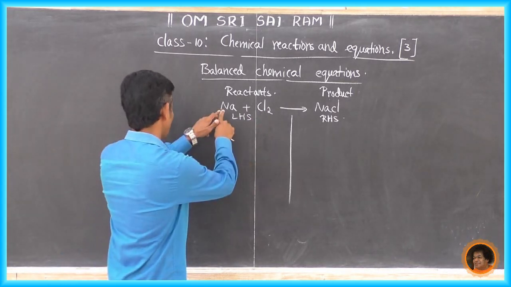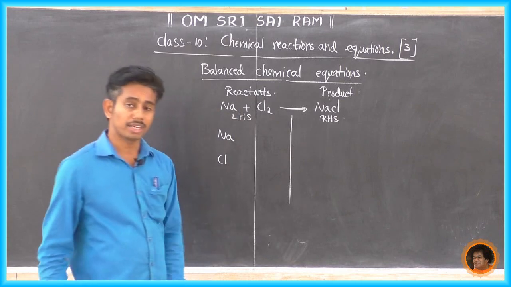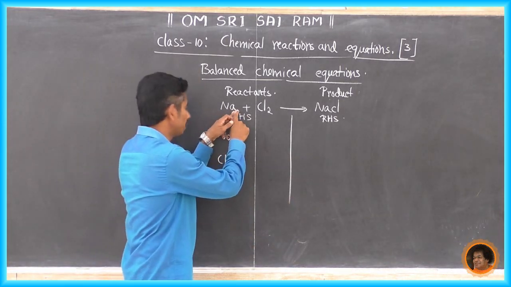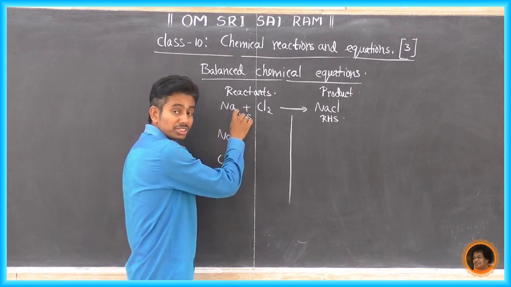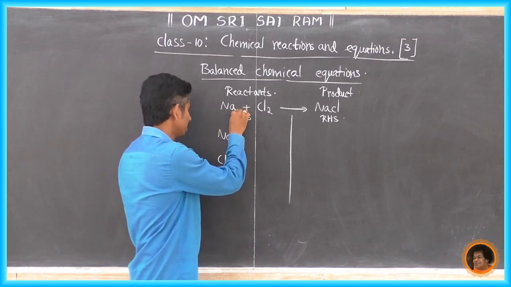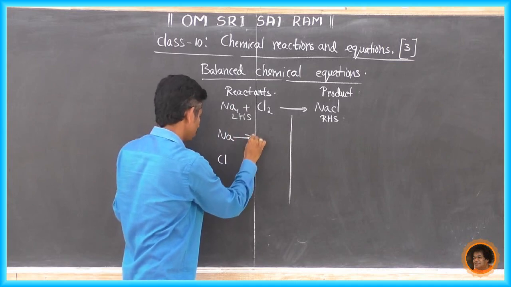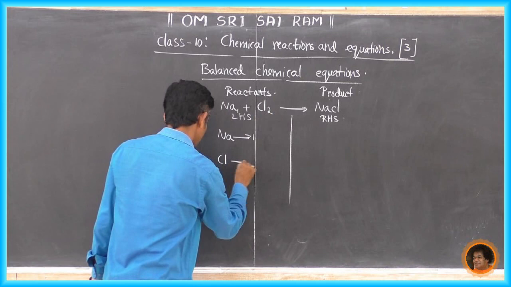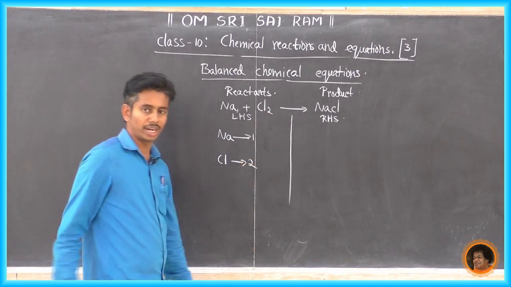Now notice, how many sodium atoms are present in the reactant part? Only one sodium. Na is 1. Then how many chlorine atoms are present? Cl2, so 2 atoms.